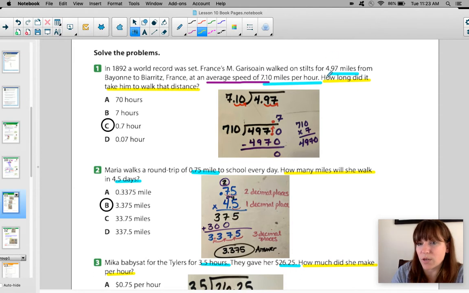But what's really going on is we're taking the distance and dividing it by the speed to find out how long it's going to take him to walk that distance. So the distance is 4 and 97/100ths. That is being divided by 7 and 10/100ths.